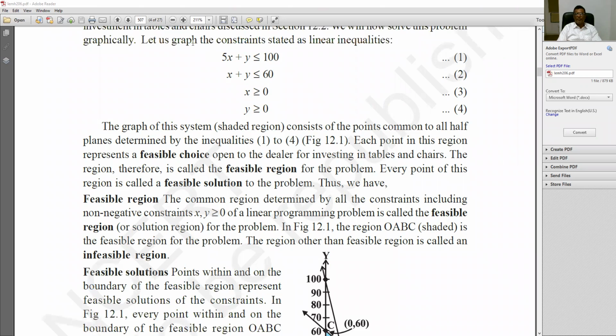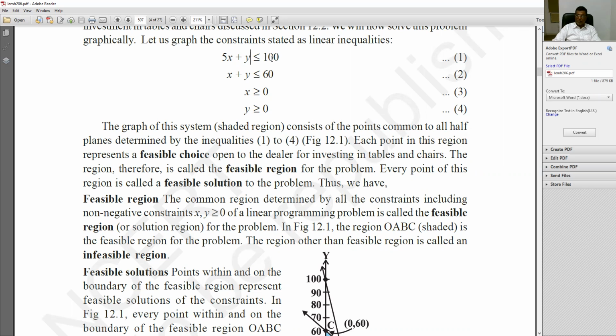Let us graph the constraints stated as linear inequalities. First is 5x plus y less than or equal to 100.